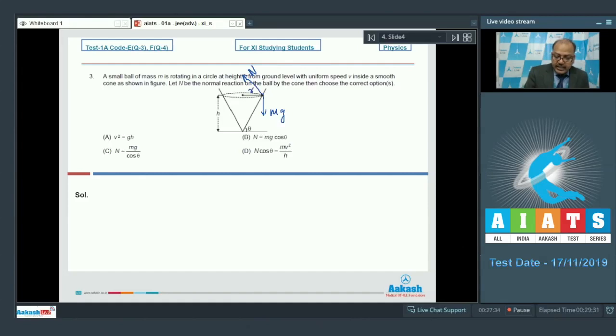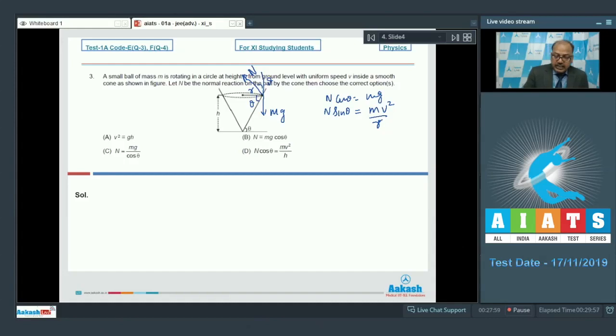So let's say the radius is r, and we can see that this angle is theta, this angle is also theta. So for vertical equilibrium, N cos theta equals mg, and horizontally N sin theta provides the centripetal force, which is mv square by r.